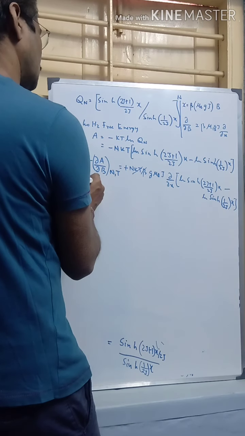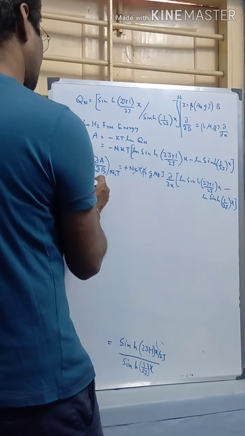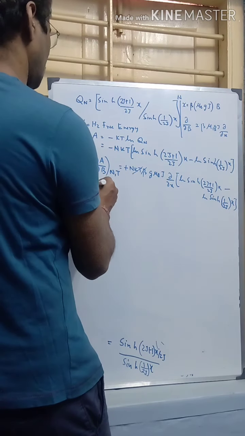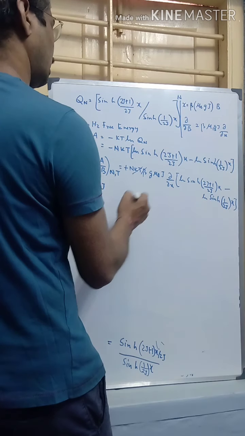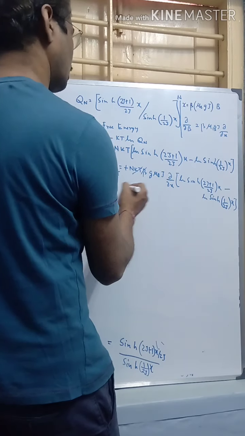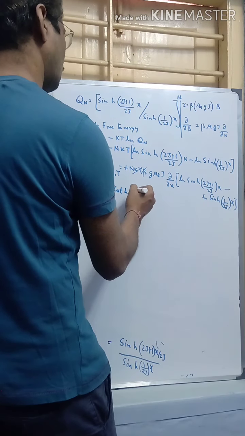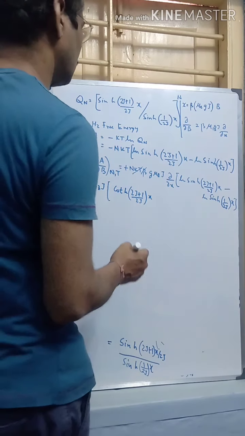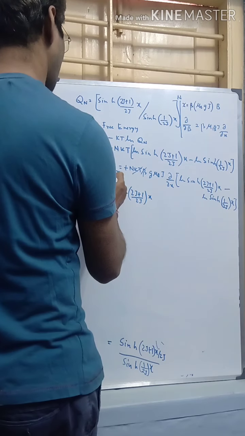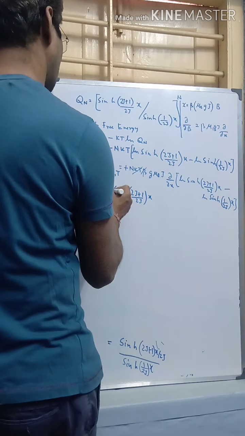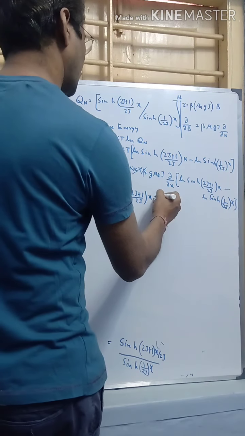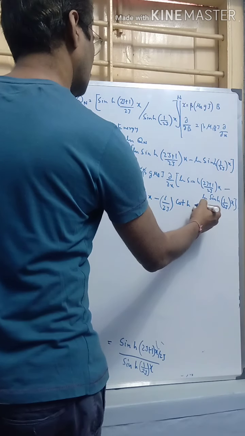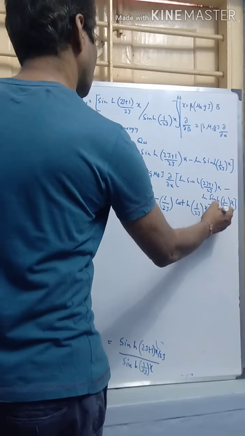So we are left with magnetization equal to N g mu_B j, and this is going to give us coth of (2j+1)x/2j, with a factor (2j+1)/2j, minus again 1 by 2j coth of x/2j.